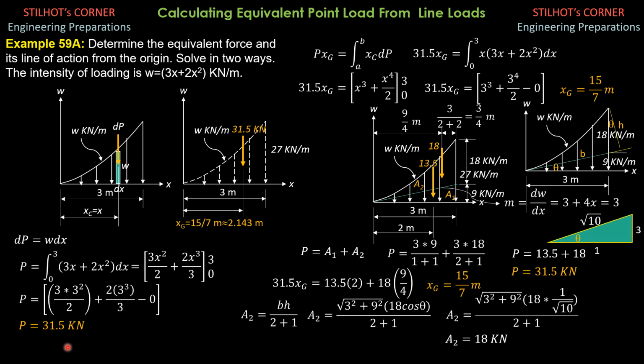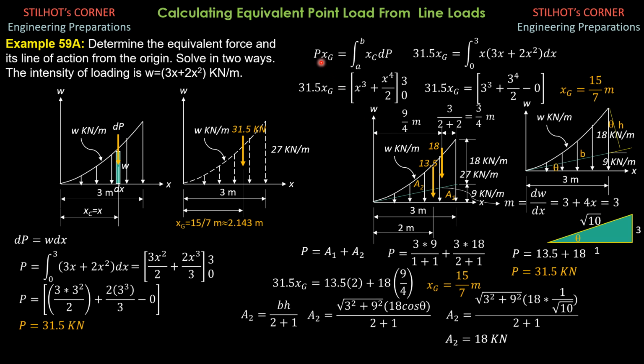Likewise, to locate the centroid, we use the first moment of a mass. That's the term in integral calculus, but actually related to statics, that is the same concept as Varignon's theorem. That is, the moment of the resultant is equal to the sum of the moments of its components, but this is in integral form.